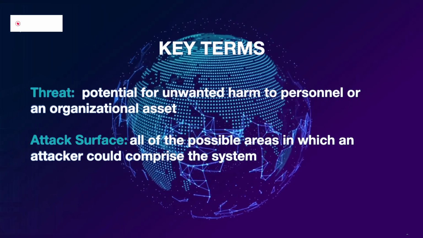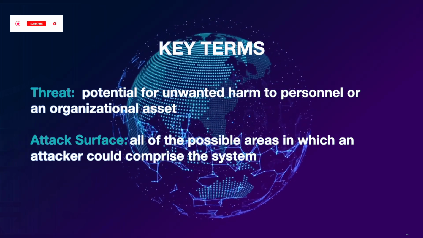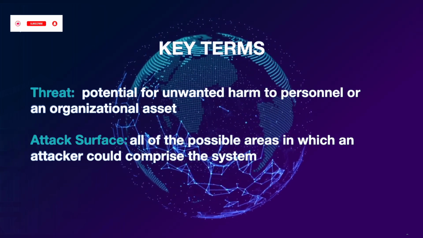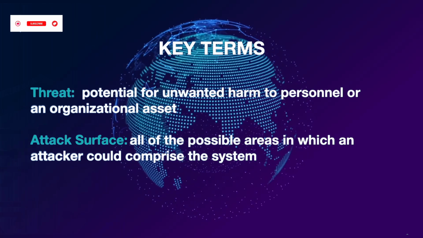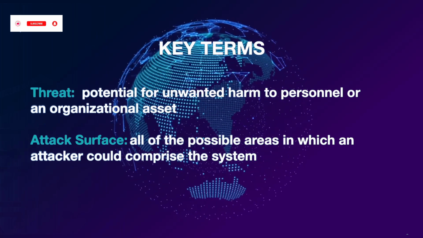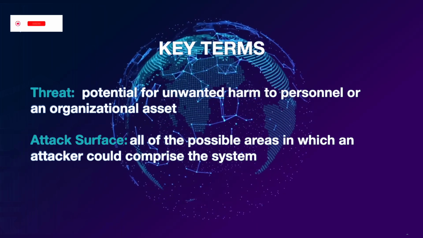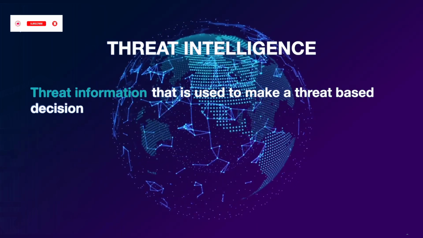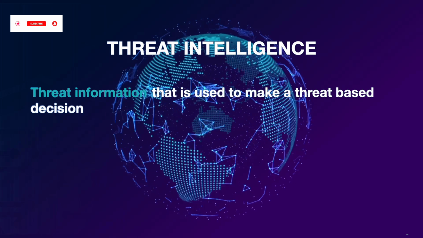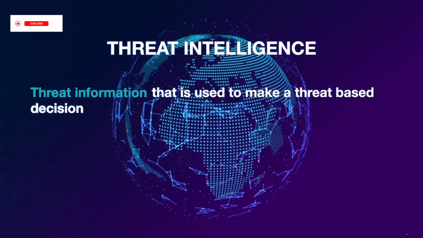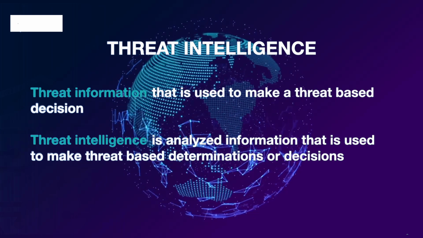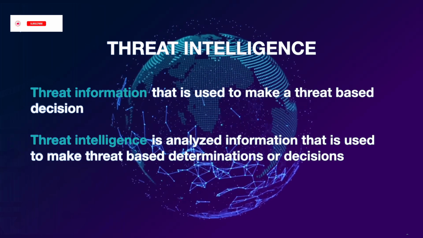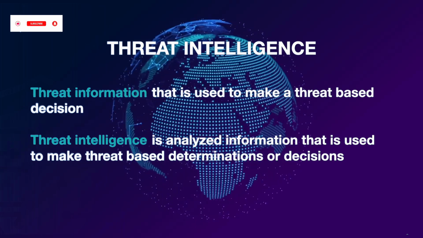Now, threat information is used to make that threat-based decision. Threat intelligence is the analyzed information that is used to make that decision. What we are talking about here is situational awareness, using all of the different threat information, all of the risk indicators, performance indicators, all of these different things to understand the security posture.